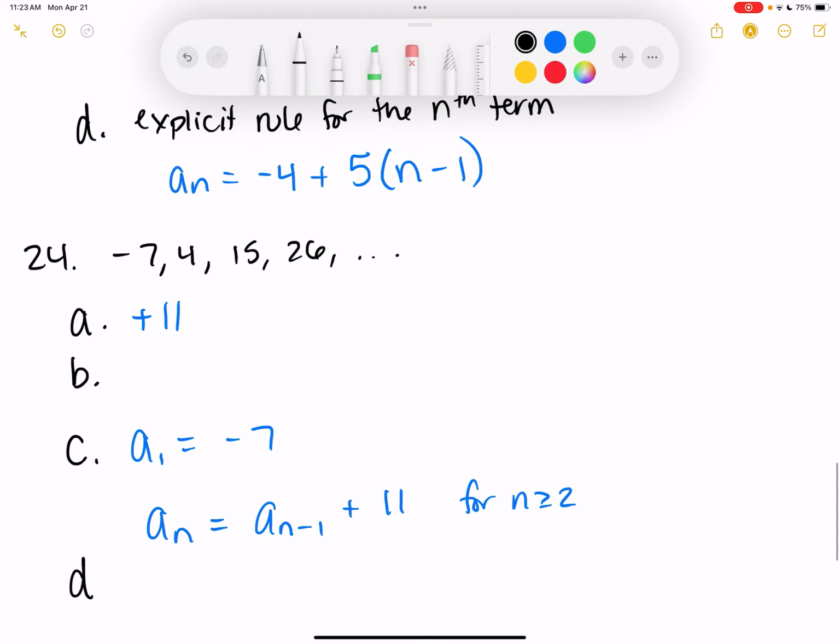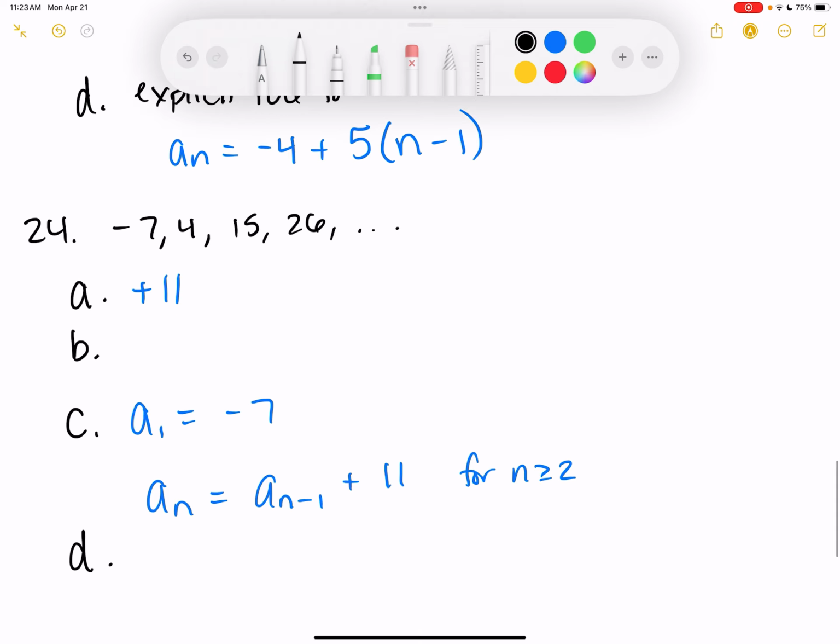Then D is the explicit rule. So I'm going to have a sub n equals the initial number, so -7, plus the common difference 11 times n minus 1. Now if I want to find the 10th term, which I think is what part B asks for, I'm going to use this rule.